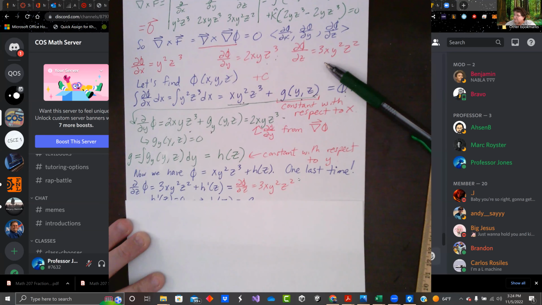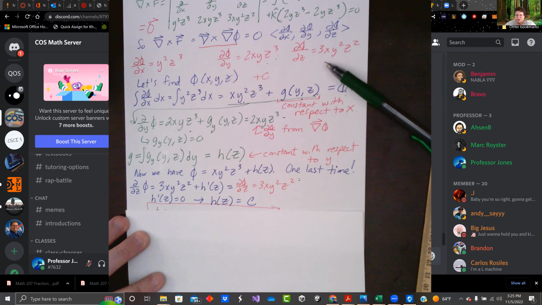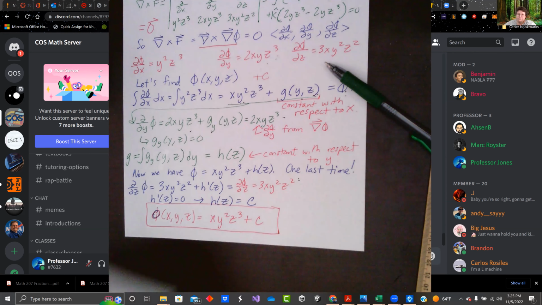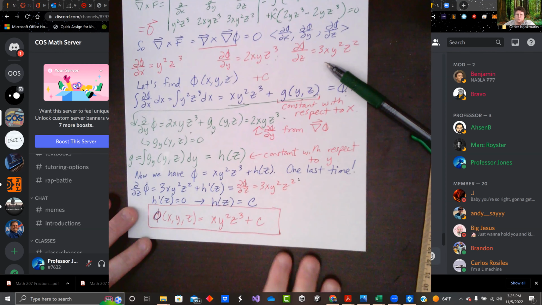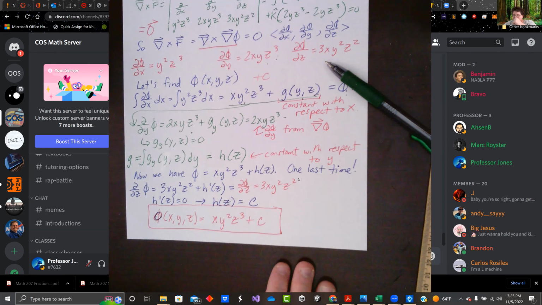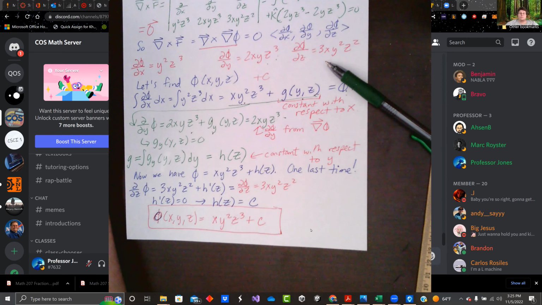So again, I solve for h prime of z. I get 0, which means when I integrate it, h of z is just a constant, and this is a real constant. No variables in it. And so our potential function, phi of x, y, z, was just xy squared z cubed plus some constant of integration.